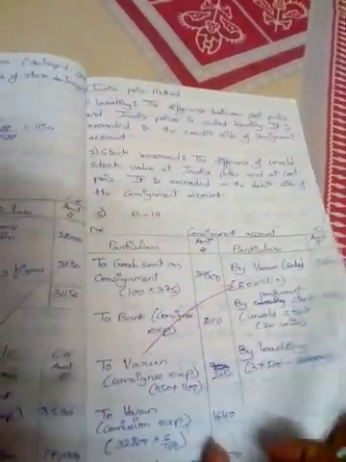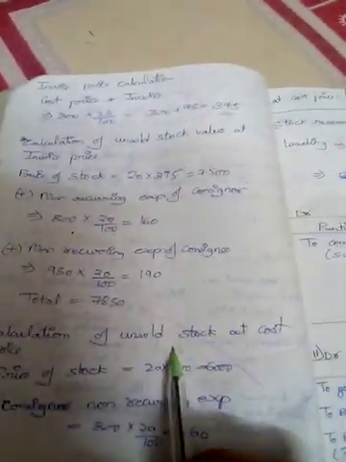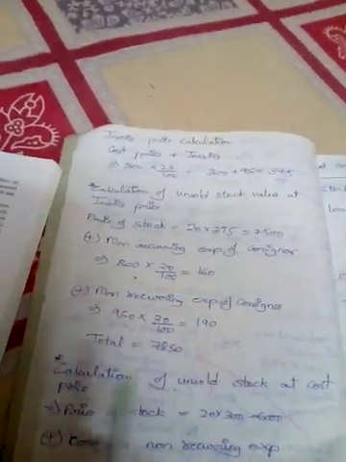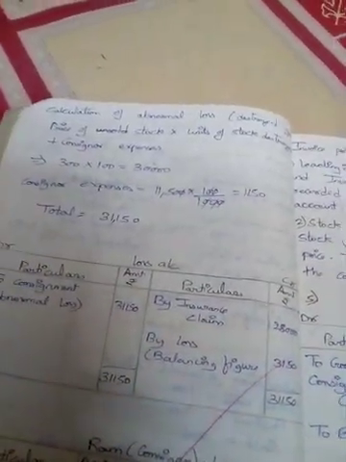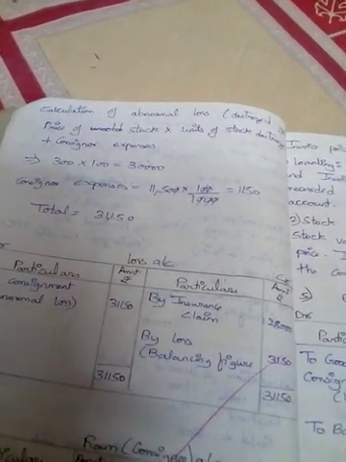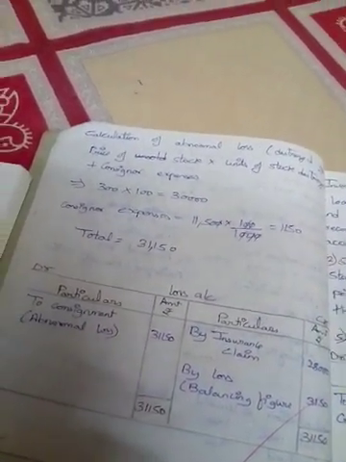This will be posted to the consignment account credit side as consignment stock, 7,850. And next we have to calculate the unsold stock at cost price. Why are we calculating unsold stock at cost price? Because we need to know the difference between the unsold value at invoice price and at cost price for the stock reserve.